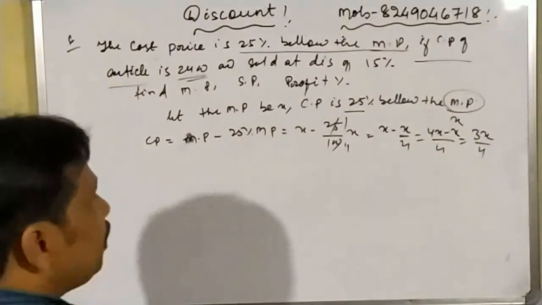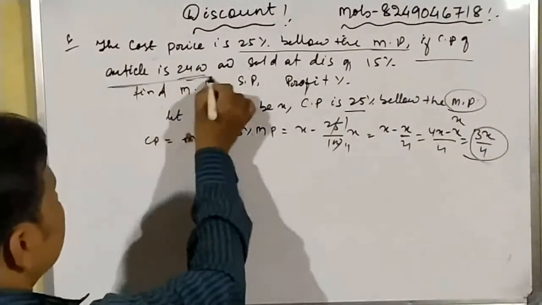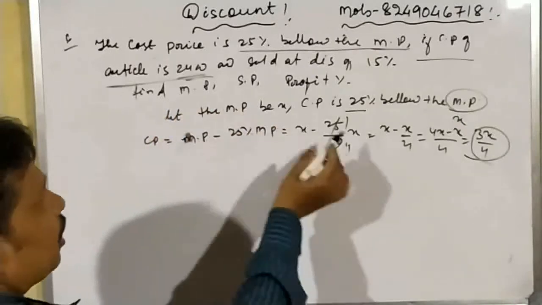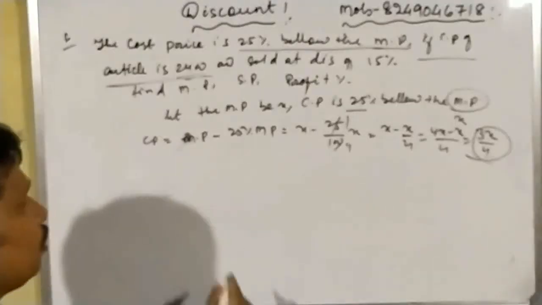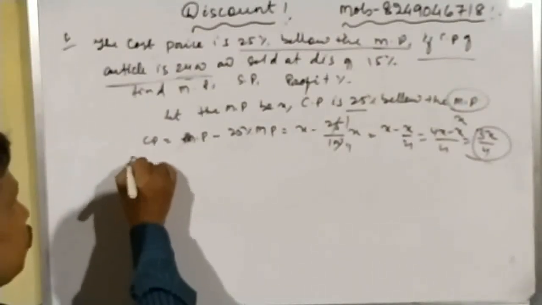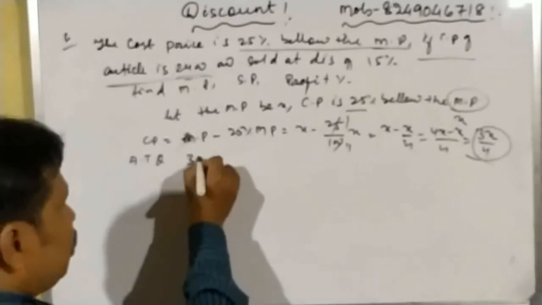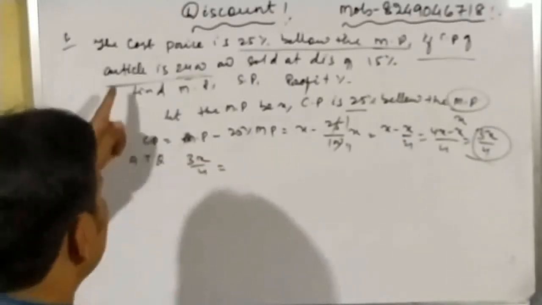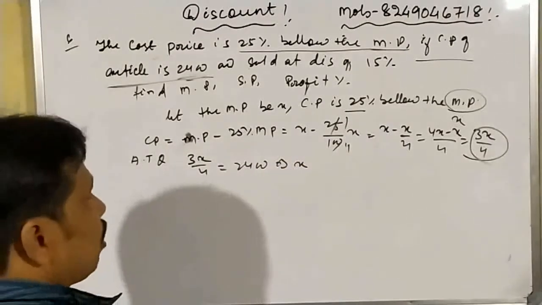So here the cost price is 3X by 4. But the cost price is already given, so by equating the given cost price with the price that we have found, according to the question, 3X by 4 is equal to the given price 2400. This implies that X is equal to how much?